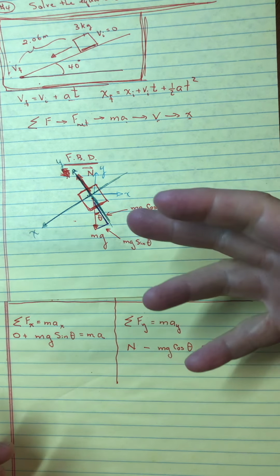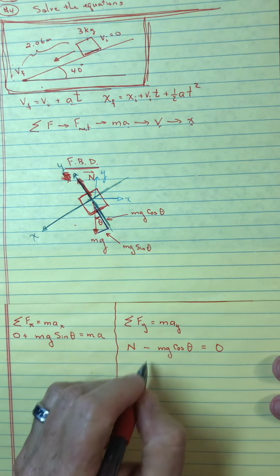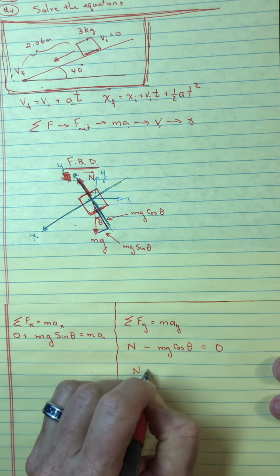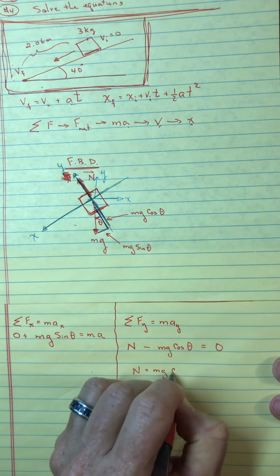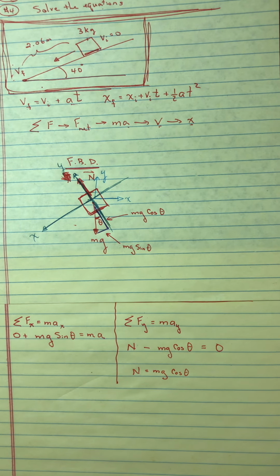So then step 4 is solve this. Now, if I solve the y direction, I get normal force is equal to mg cosine theta. Now, this problem did not ask for the normal force. So in one sense, that was unnecessary.